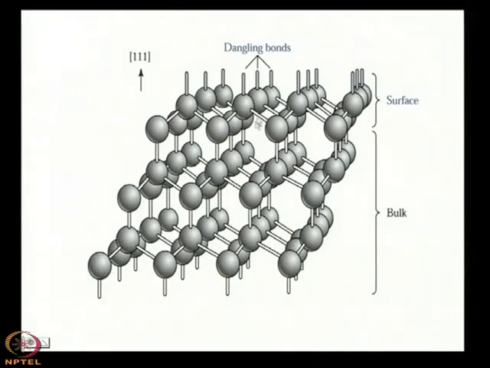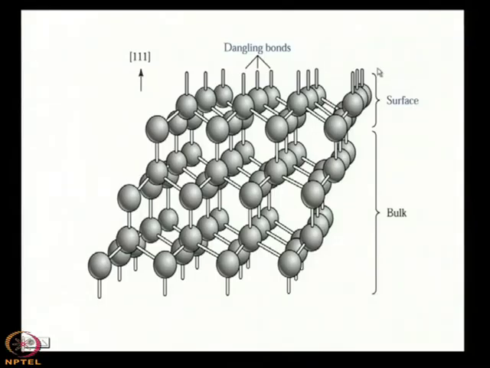in this view graph, I have shown you the dangling bonds. This is the surface, this is the bulk. In the bulk, all the bonds are saturated, but at the surface these bonds are unsaturated. That means they are open. So, they can take up any material, particularly the aerial oxygen.